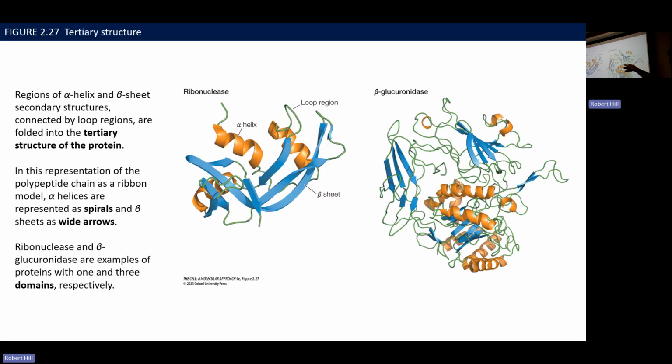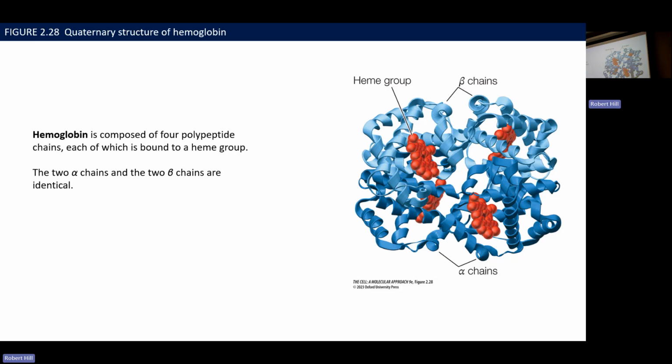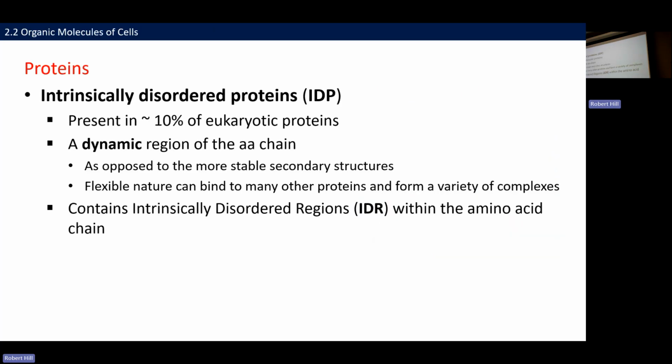And then there are just looped regions, like this over here, that are connecting these secondary structures together. Okay, the more complex enzyme over here has more domains. And the quaternary structure, like we talked about, is multiple tertiaries together, usually held together by an inorganic molecule, right? So hemoglobin is a classic example of that.